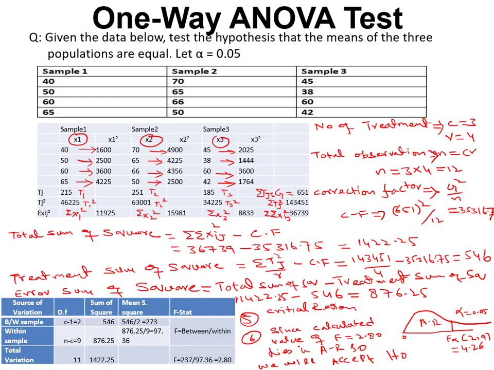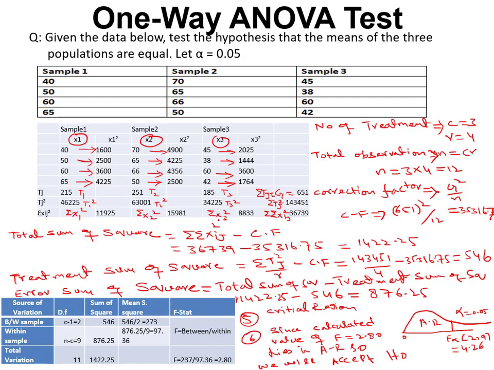When you add all of these, you can see this is basically the summation of x1 square. So when we add this column, it will be the summation of x1 square. 1600 plus 2500 plus 3600 plus 4225, it will be 11925. Similarly, the summation of x2 square, 4900 plus 4225 plus 4356 plus this.